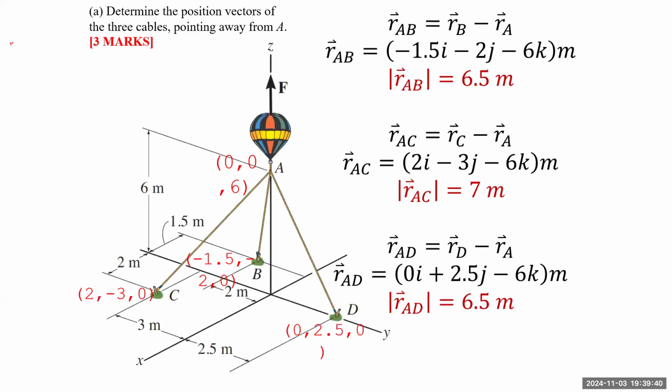All right. So here now it says you are to determine the position vector of the 3 cables pointing away from A. So they are all pointing this way, that way, that way, right? So that means you want AC, we'll write again, R_AC.